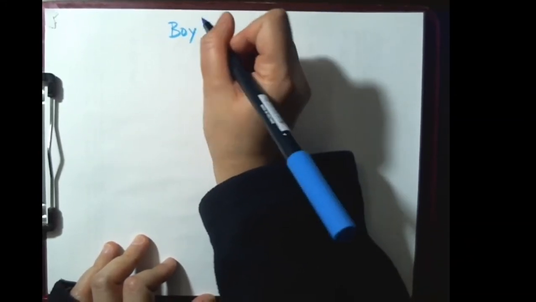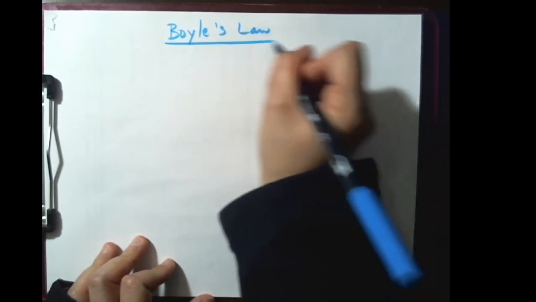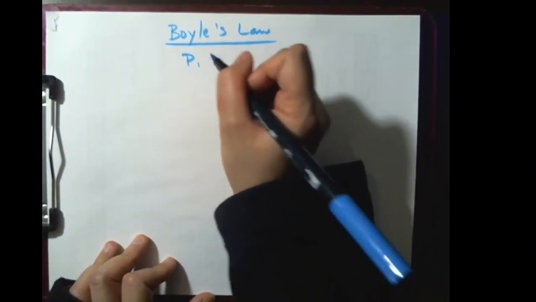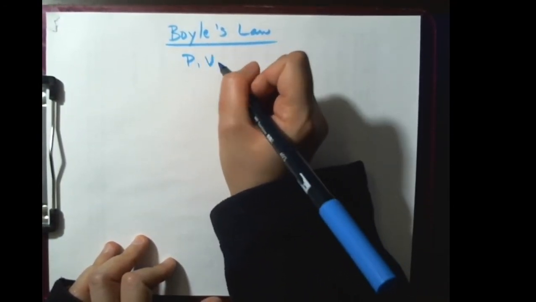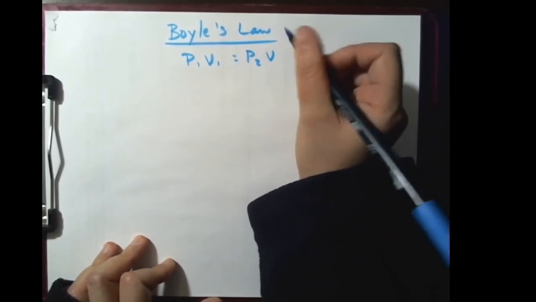Okay, so let's choose a different color here. And we're still using Boyle's law. We're going to be using Boyle's law all the time. So, remember Boyle's law states that the initial pressure times the initial volume equals the final pressure times the final volume.